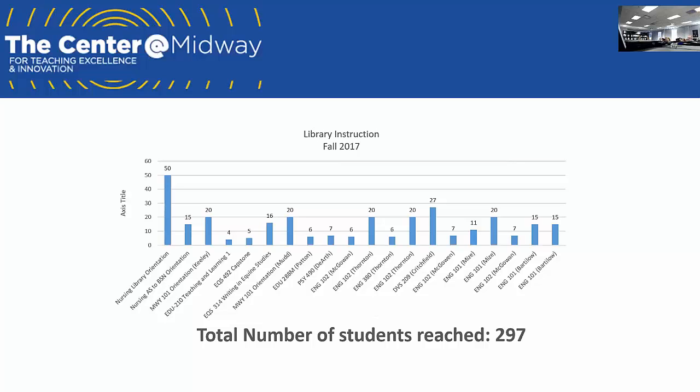And you'll see in the FDI course that one of the things that Jeremy and I have been working on this semester is scaffolding the information literacy training for 100 and 200 level courses, 300, 400 level courses, and graduate level courses, so that it makes more sense what each one of those levels of students are learning.